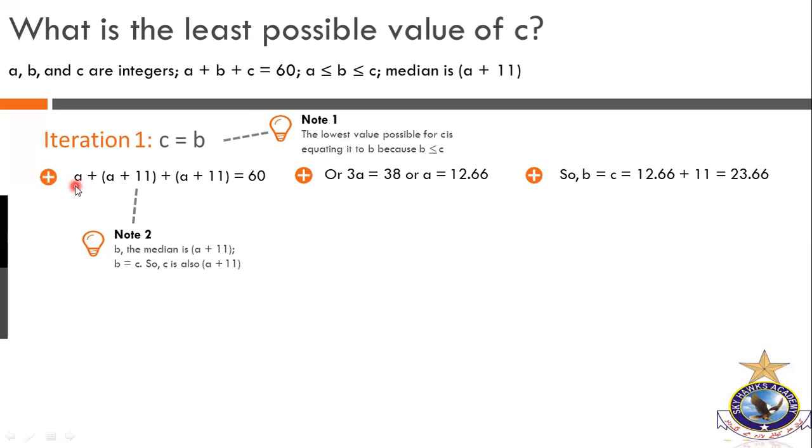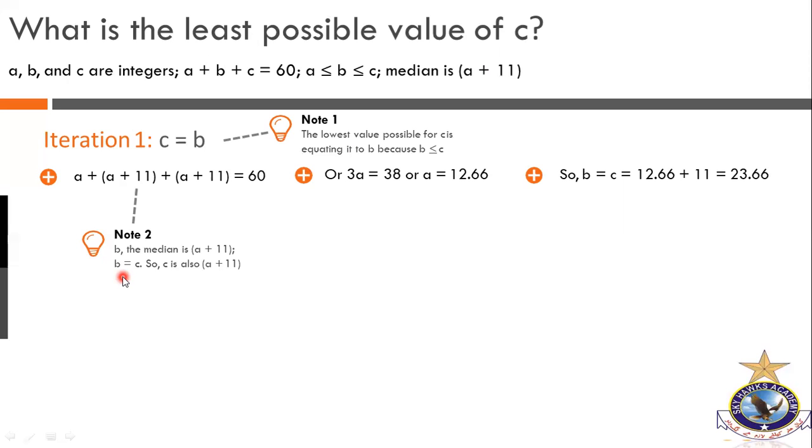This is the first number as usual A, and A plus 11 and A plus 11, is equal to 60. I am just replacing C, as you know, that is B. Look at this one. Just read this one slowly. B, the median is A plus 11. B is equal to C, so C is also A plus 11.